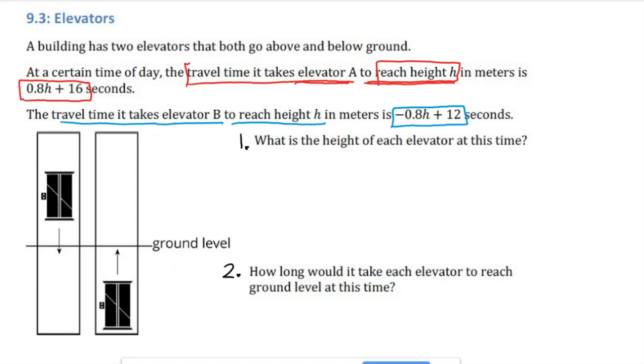Now, travel time is another piece of information that's going to be important to us in just a minute too. So travel time for elevator B to reach height h. We're going to come back to look at those a little bit more in just a second. So now question number 1 here says, what is the height of each elevator at this time?